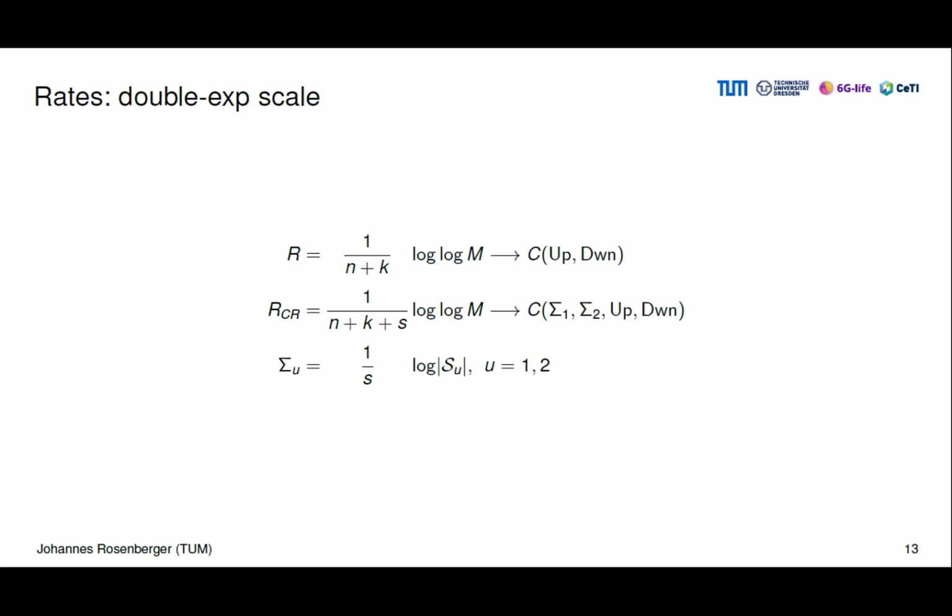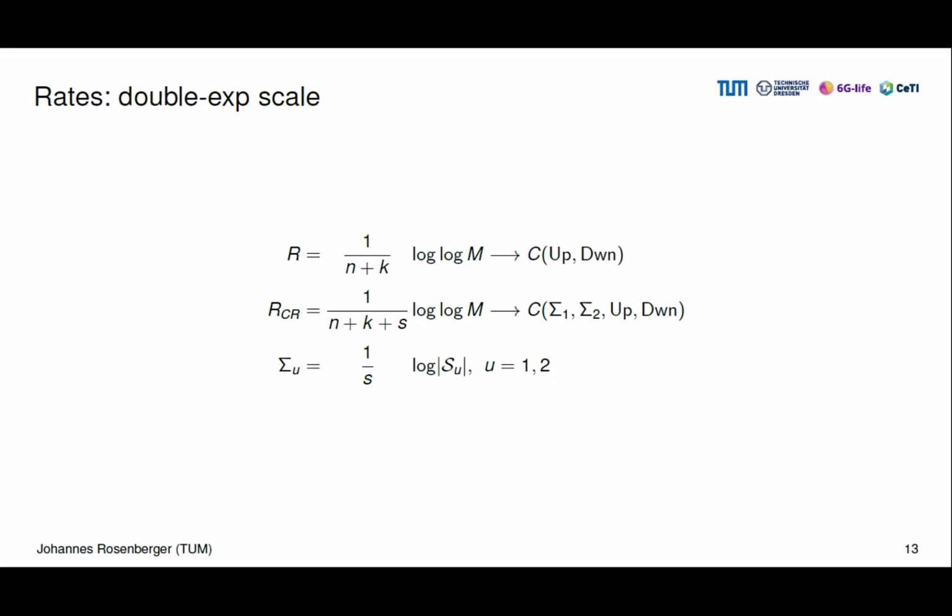So this first thing we will just call the rate or the capacity, the respective optimum, and the second will be the common randomness assisted, I think we called it the common randomness consensus testing capacity.